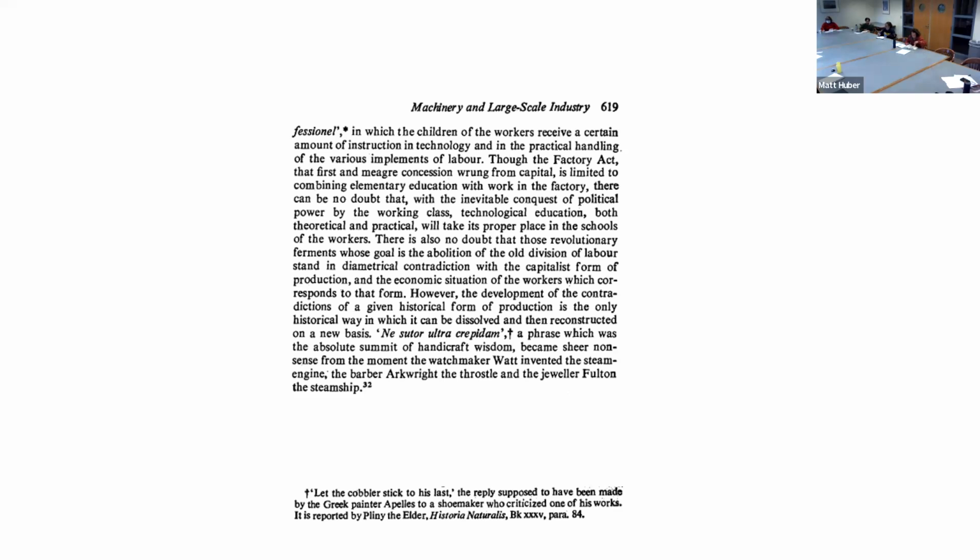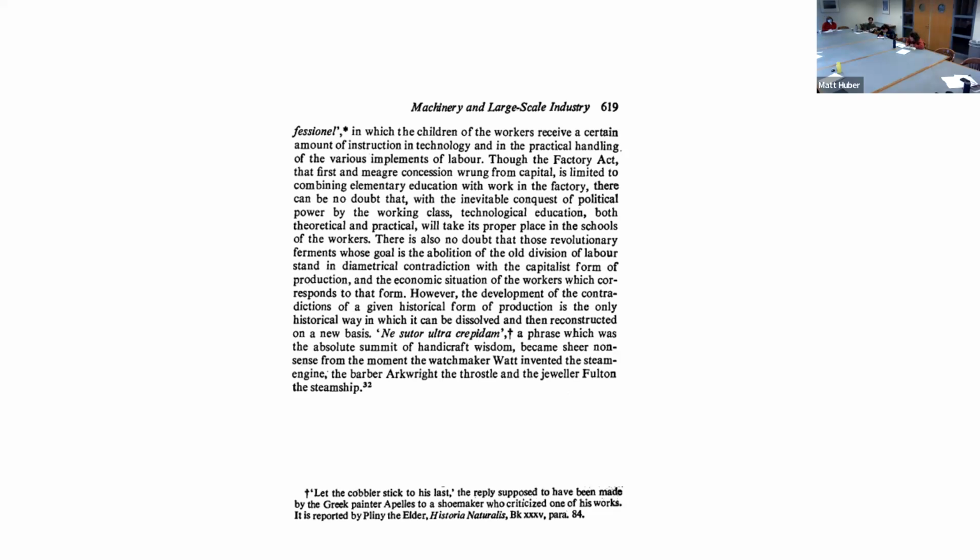And he says, there is also no doubt that those revolutionary ferments whose goal is the abolition of the division of labor stand in diametrical contradiction with the capitalist form of production and the economic situation of the workers which corresponds to that form. However, the development of the contradictions of a given historical form of production is the only historical way in which it can be dissolved and then reconstructed on a new basis.